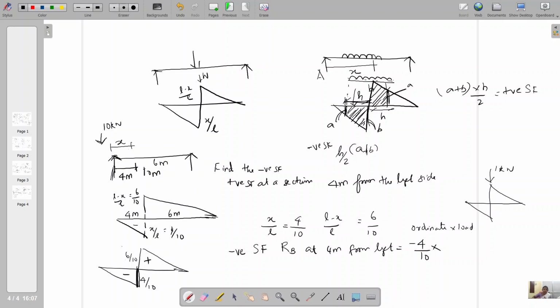What is the load given? 10 kilonewton. So 4 by 10 into 10 is minus 4 kilonewton. Similarly, the positive shear force at 4 meter from the left support is equal to 6 by 10 into 10, equal to 6 kilonewton. If you are asked for positive shear force, you should calculate only positive shear force. If you are asked only for negative shear force, your result should be stated as negative shear force.